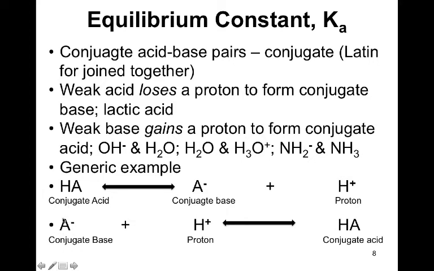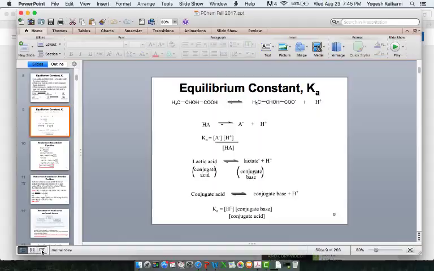Now if the anion, the A minus or the conjugate base, were to gain a proton, it would turn into its conjugate acid. So HA is the conjugate acid for this conjugate base. So that's why they always go in pairs. That's why they are called conjugate acid-base pairs.